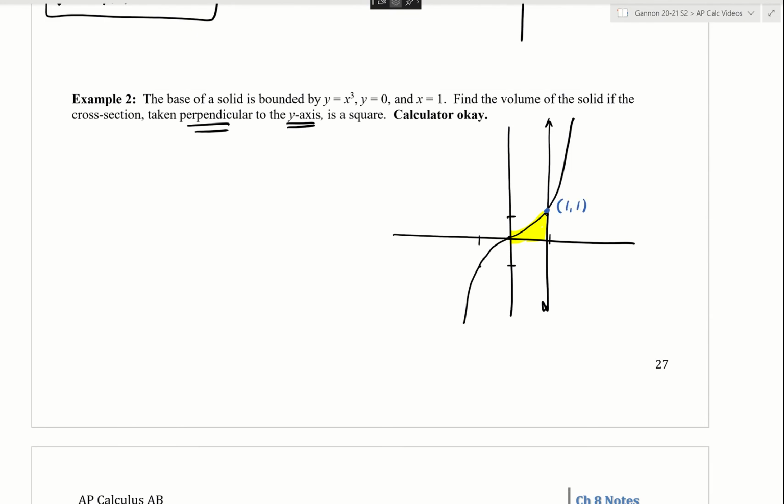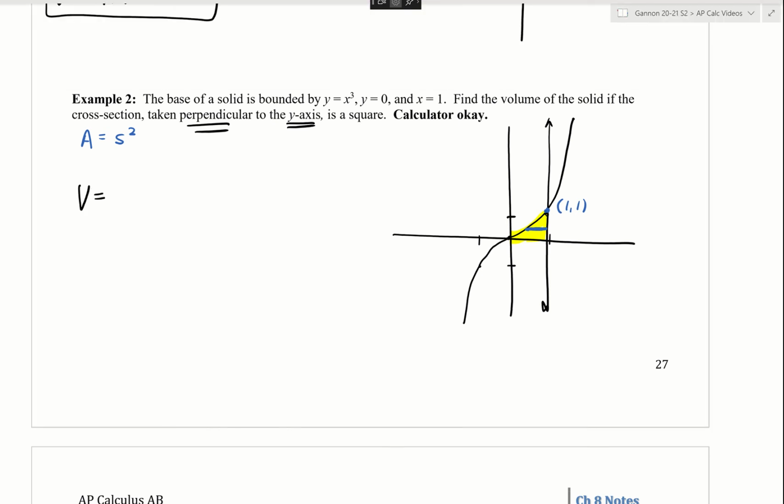Now, we know that the cross sections are taken perpendicular to the y-axis. So that means they're going to be this direction, and they're also going to be squares. So again, area is s squared. The fact that it's perpendicular to the y-axis means we're going to have to integrate in terms of y, so everything we set up is going to be done in terms of y.